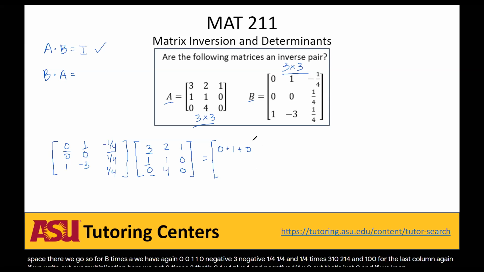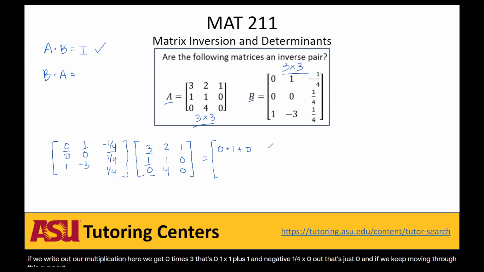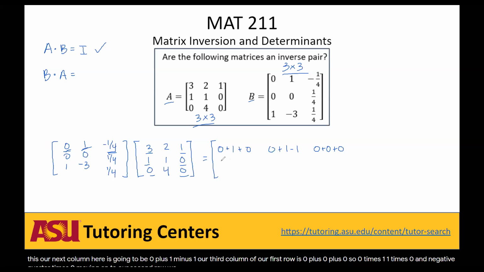Our next column is going to be 0 plus 1 minus 1. Our third column of our first row is 0 times 1, 1 times 0, and negative 1/4 times 0, so 0 plus 0 plus 0. Moving on to our second row, we end up with 0 plus 0 plus 0, 0 plus 0 plus 1, and another 0 plus 0 plus 0.